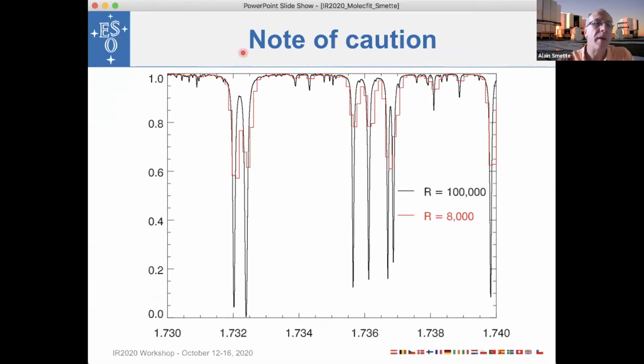If we have a line falling exactly in the middle of a telluric line, the information coming from your object will just not be there and cannot be recovered. This may be obvious when we work at high resolution, but it might be less obvious at low resolution. So this is a note of caution. It's really, really important to understand this.